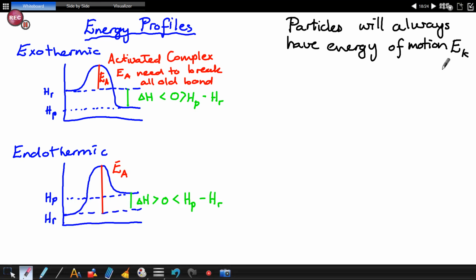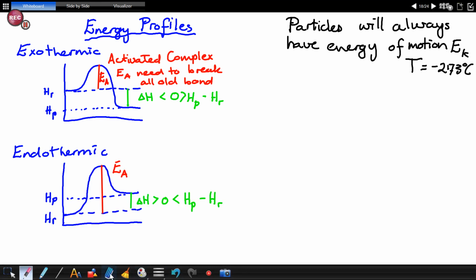In gases, they can move freely. In liquids, they slip and slide. In solids, they vibrate. But they will never be at zero motion. The only place where the particles will freeze absolutely and come to a standstill is at minus 273 degrees Celsius.